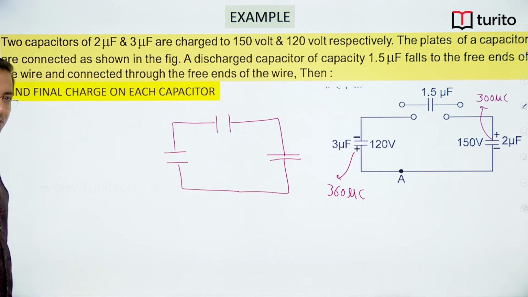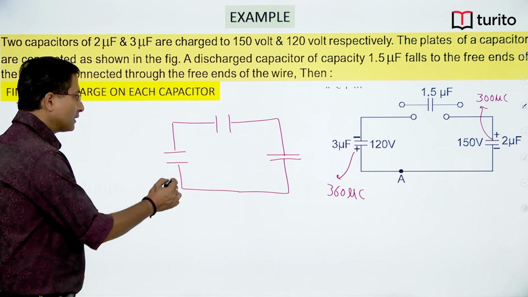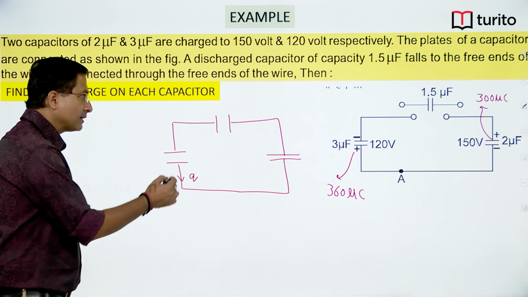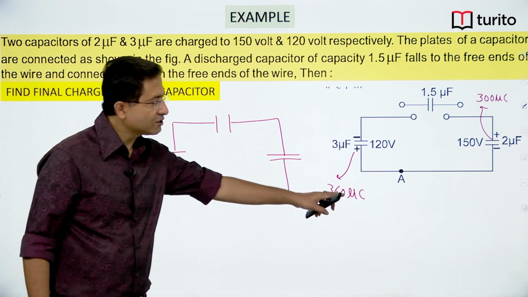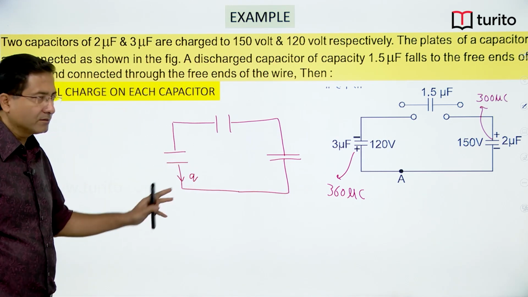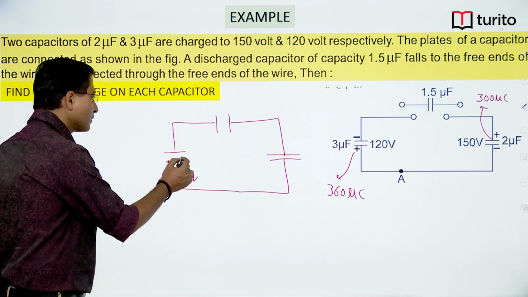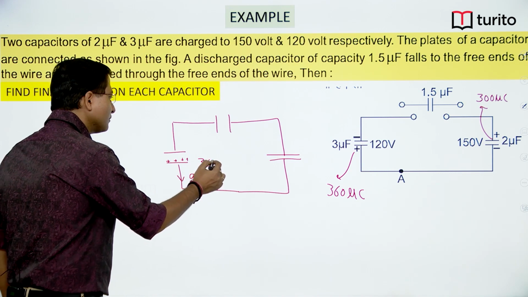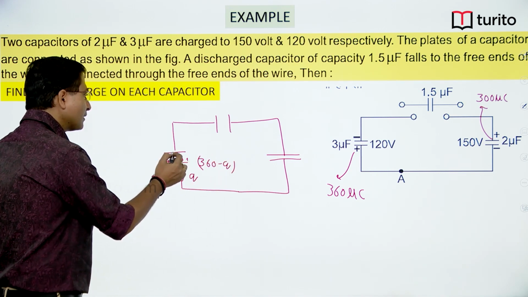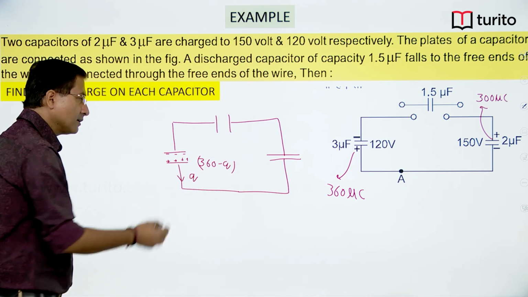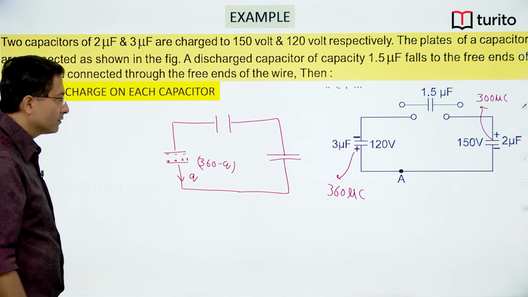So I will assume some direction. I will assume that Q charge is given by this plate which was having 360 microcoulomb charge. It gave Q charge, so the leftover charge will be 360 minus Q, and on this plate obviously it will be the negative of this value.